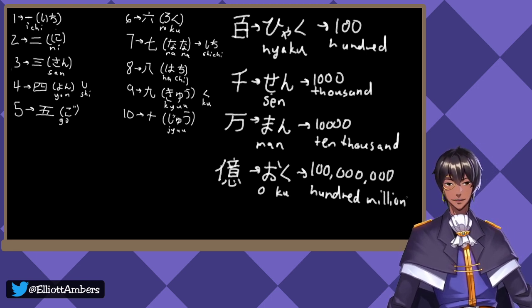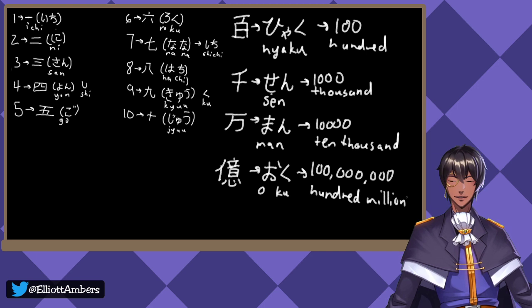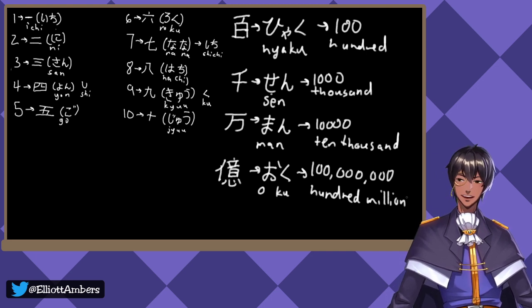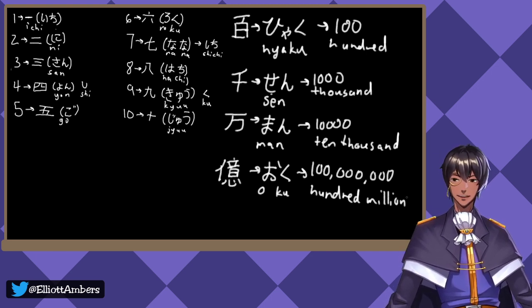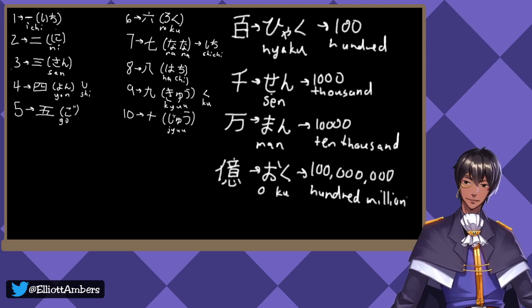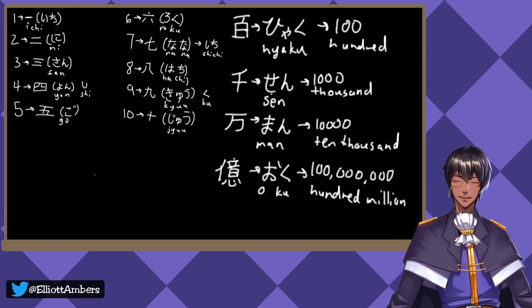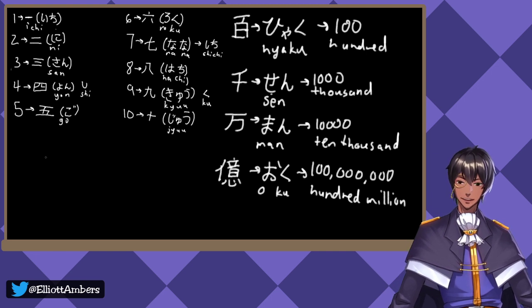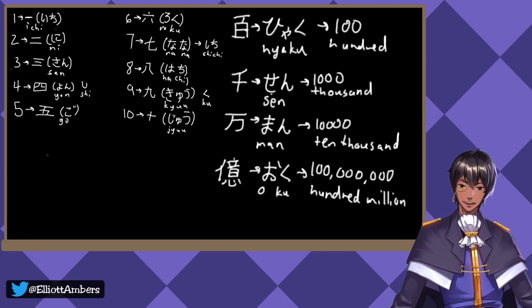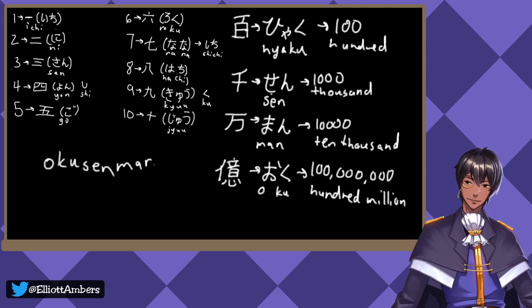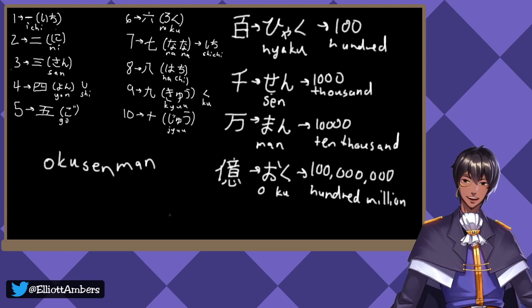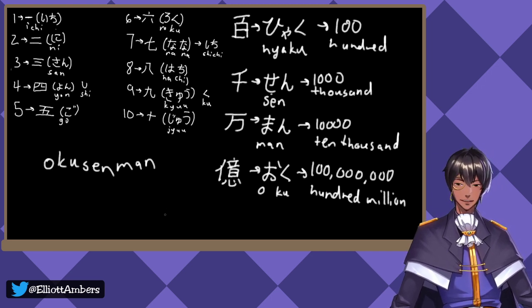Also, I know that there's a very famous song. I remember back in like 2008, there was that popular song inspired by the Dr. Wily Fortress music from Mega Man 2 called Okusenman. Or, I believe, since it's Senman, it's 1,000 10,000s.